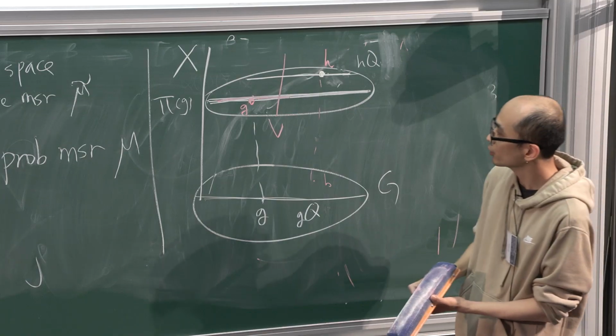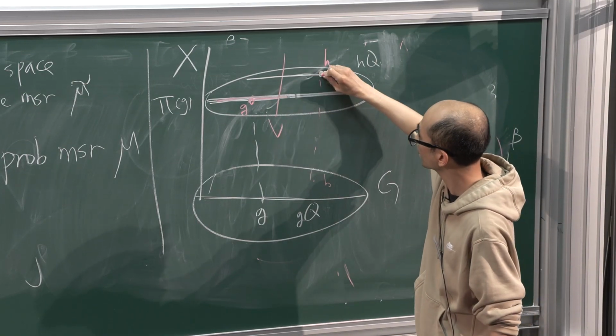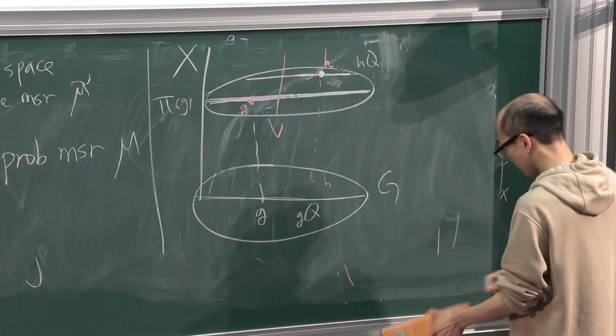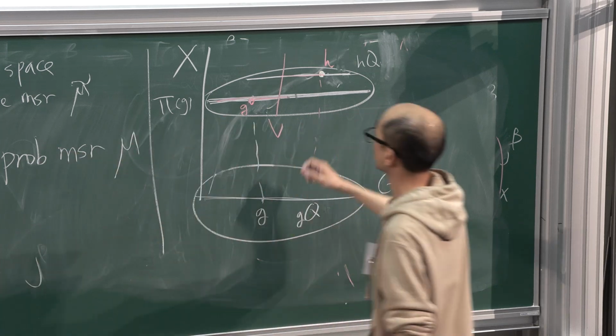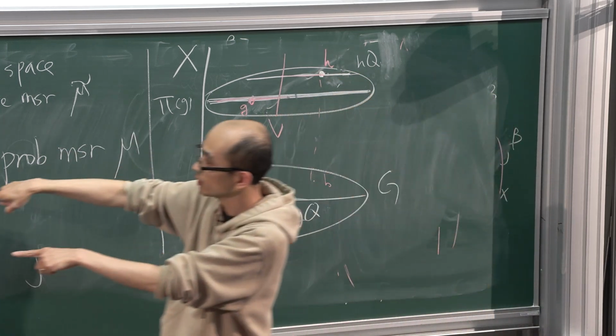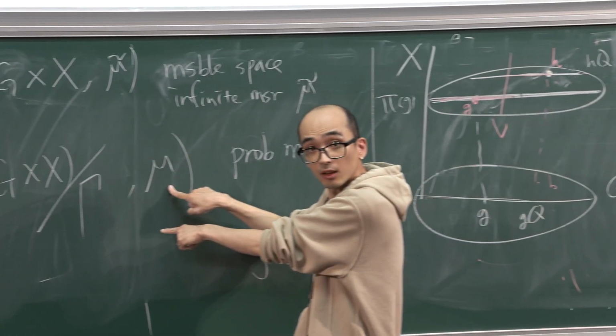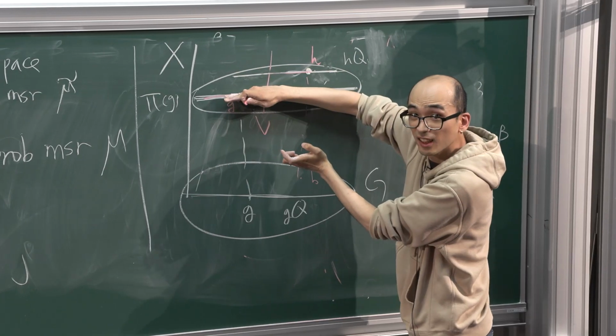And then I can go from here to here, and now this means that your measure mu is basically the graph, right? So your graph sees this line and this line.